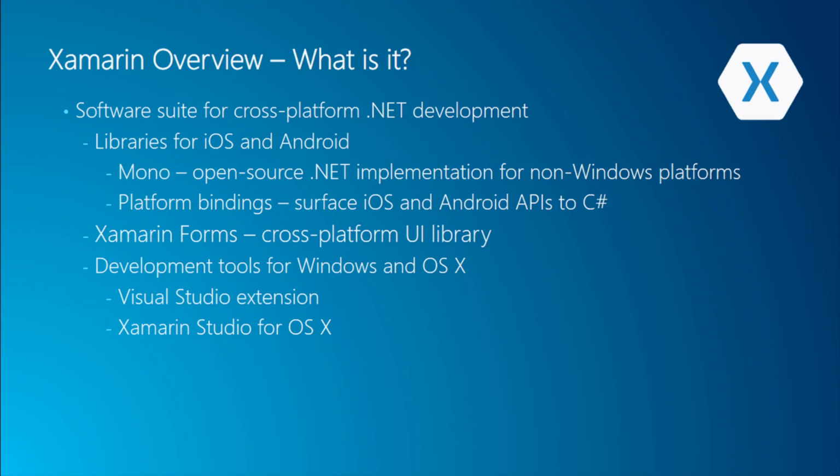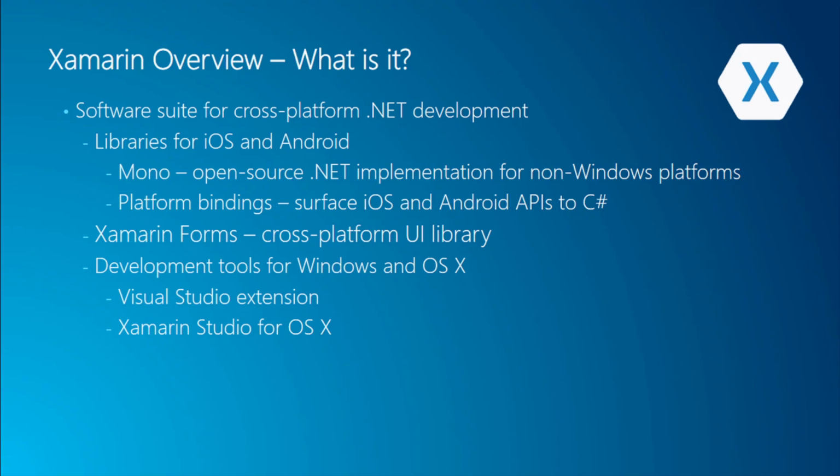The third component of Xamarin's API surface is Xamarin Forms. So now with those platform bindings, you have a bunch of native UI components, right? So Android developers write their UI against different classes than iOS developers, than Windows developers. As Xamarin developers, you also have the option to do that through the platform bindings. But Xamarin Forms gives you a different option.